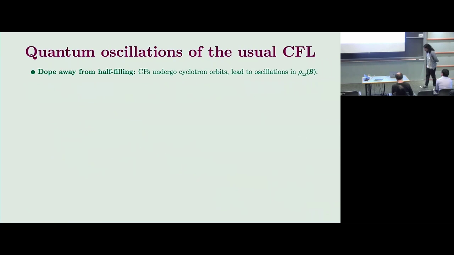Now it would be nice to have something a little bit more of a smoking gun for a composite Fermi surface. And the natural place to look for that is quantum oscillations. So as I already said, composite fermions undergo cyclotron orbits when you dope.